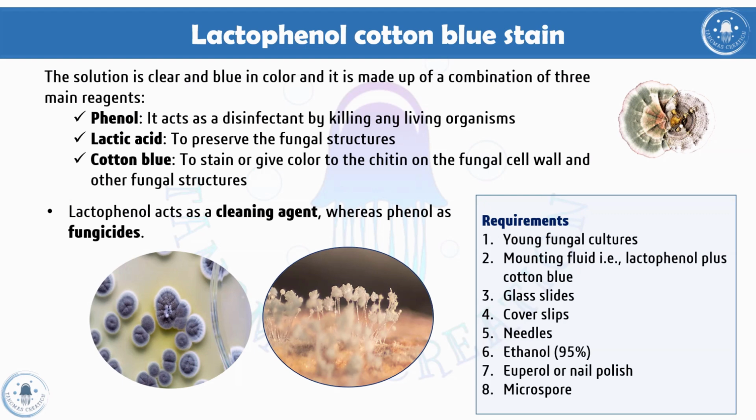You can use 95% ethanol, DPX or nail polish, and a microscope. Here DPX or nail polish is used in case of a permanent slide. If you want to make a permanent slide of the fungus, only then will you use the DPX or nail polish. Otherwise, it is not commonly used for regular practical purposes. So these are the requirements.